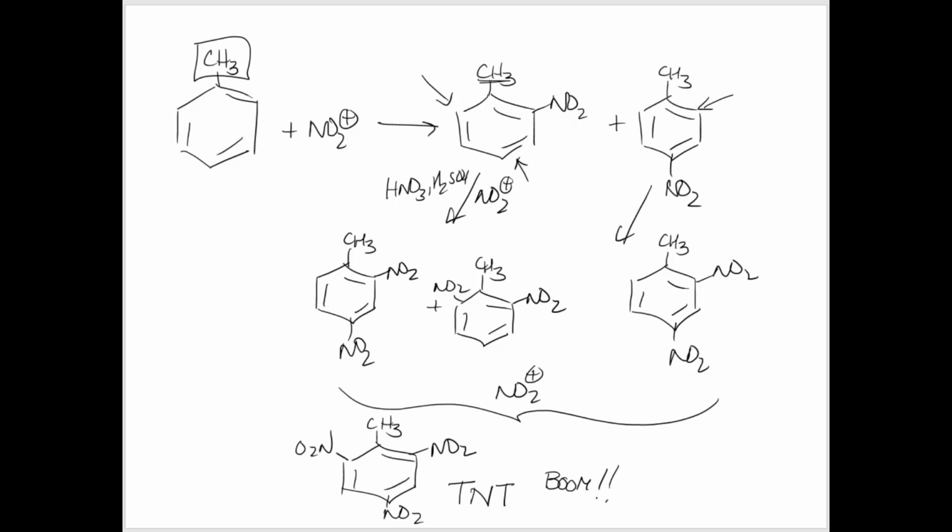I'm going to have to heat it a little bit. Then when I have two nitro groups on the ring, two deactivating and one activating, I'm going to have to heat it a little bit more to get that third nitro group on the ring. And you can kind of imagine that there's a fine line between heating and booming, so you might cross the line and get one or the other. So as we add deactivating groups to the ring, we basically have to heat it more to get that third nitro group on the ring.